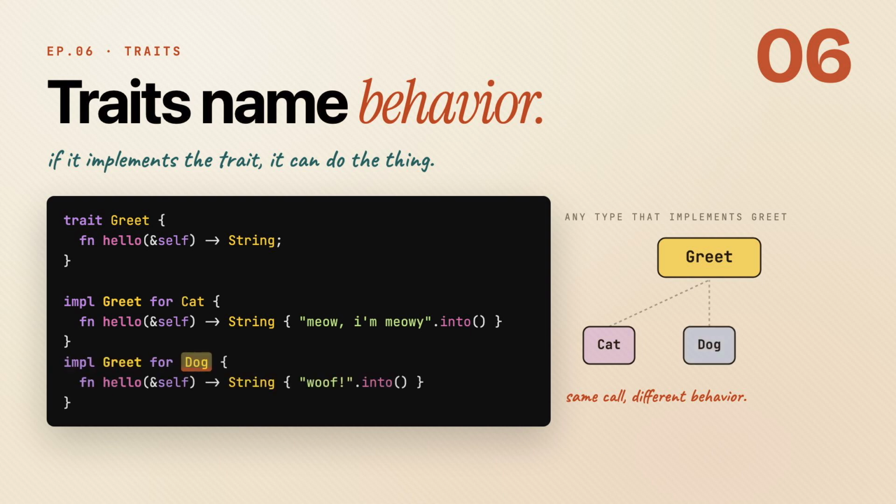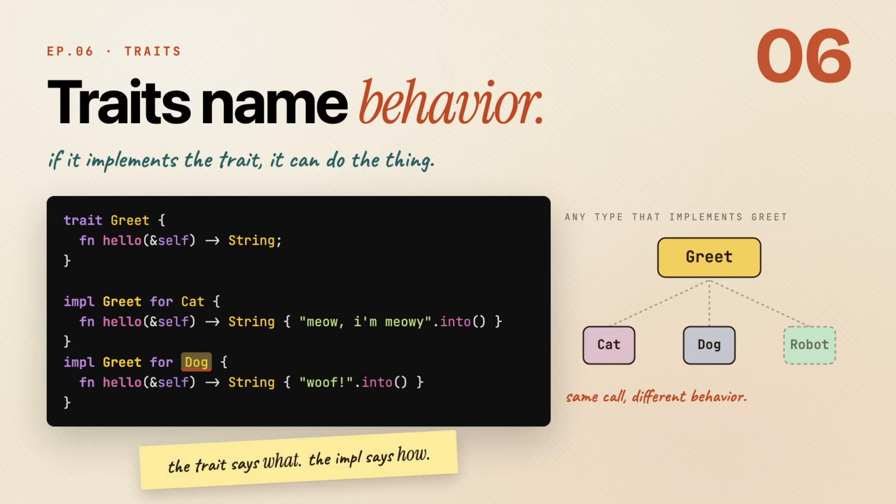The Dog implements Greet too, same method name hello, a different body, it barks. Same call, different behavior decided by the type. And anything else can opt in, a robot, a teapot, whatever you write next. Just add the implementation. The trait says what, and the impl says how it works.